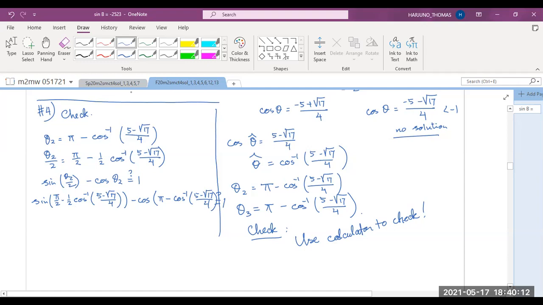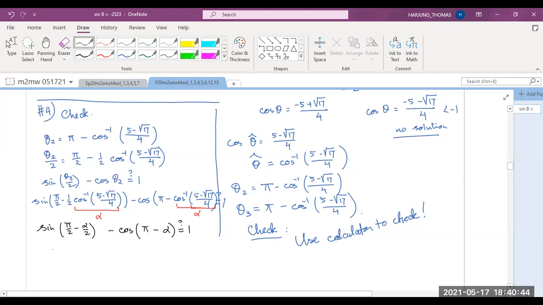Now if this were our angle, call that angle alpha. This is angle alpha. Cosine inverse gives us an angle, right? Now this is the same as saying sine of pi over 2 minus alpha over 2, minus cosine of pi minus alpha. Does it equal 1?